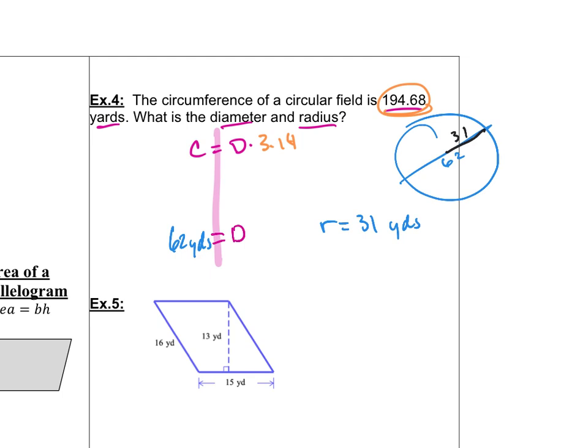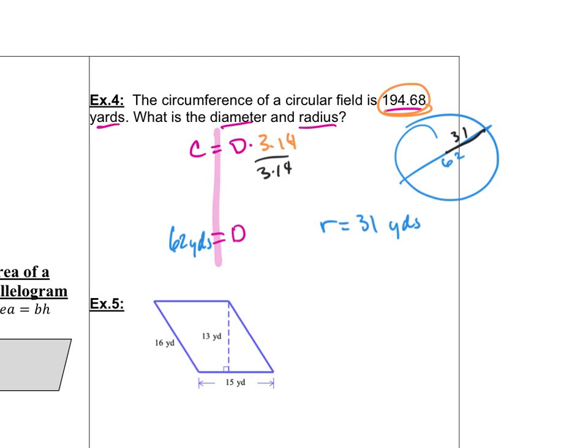All you had to do is divide both sides by 3.14. And I'm going to expect that you're using an equation and being able to show that you can set up an equation and solve an equation, because that's kind of a repeating idea in Math 7.